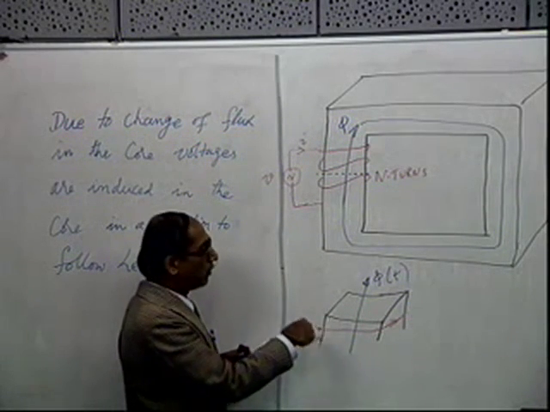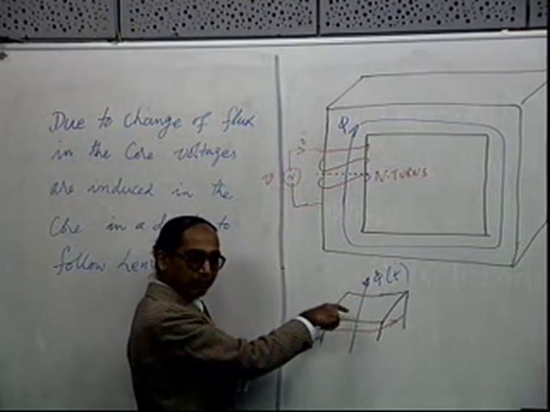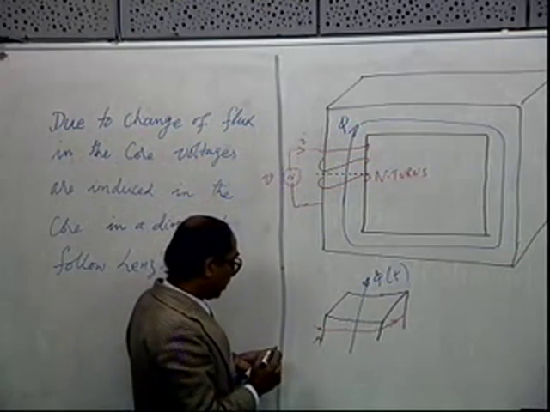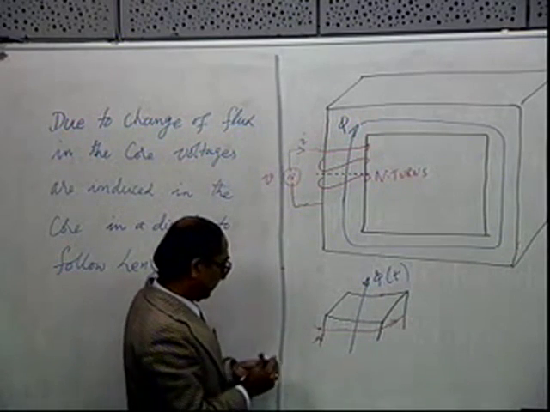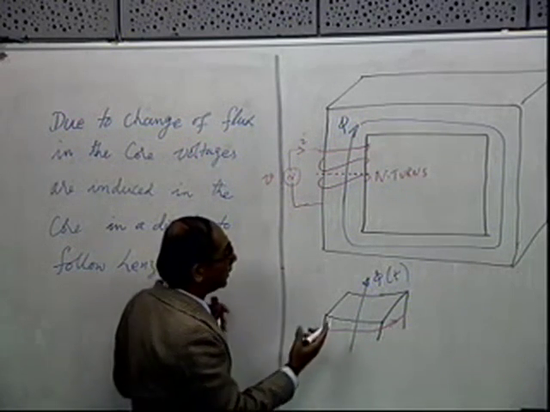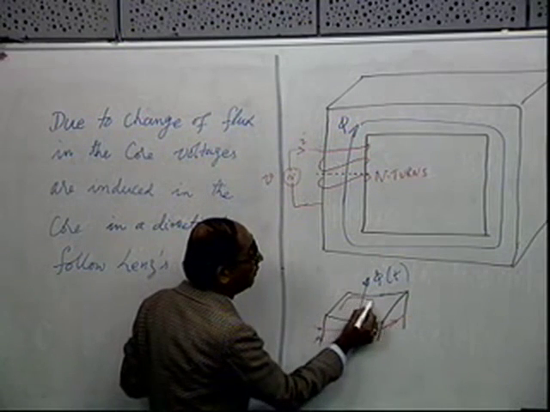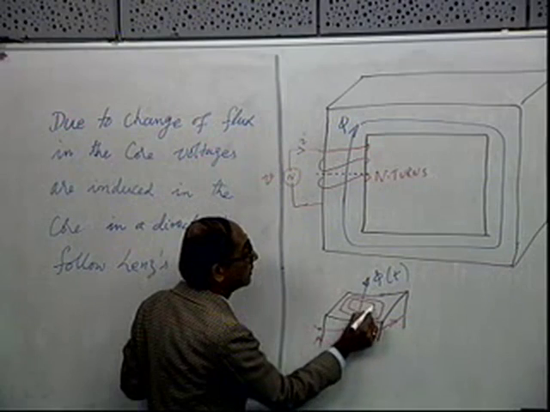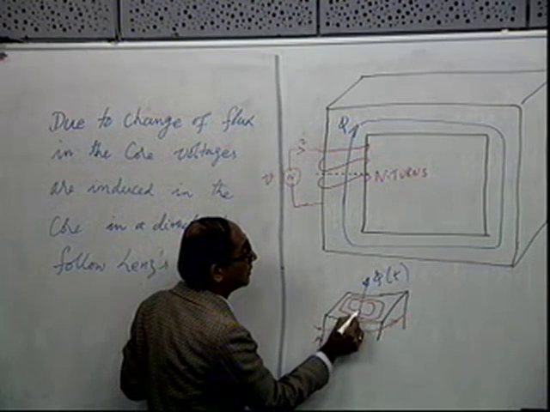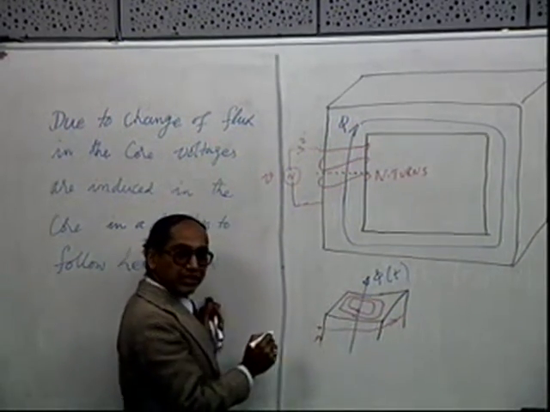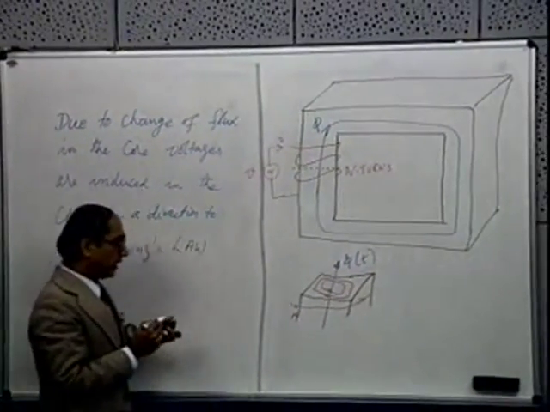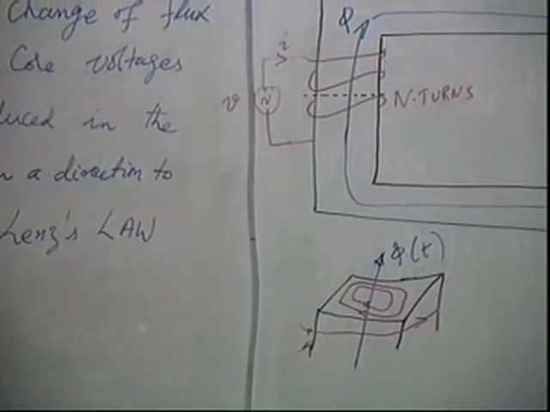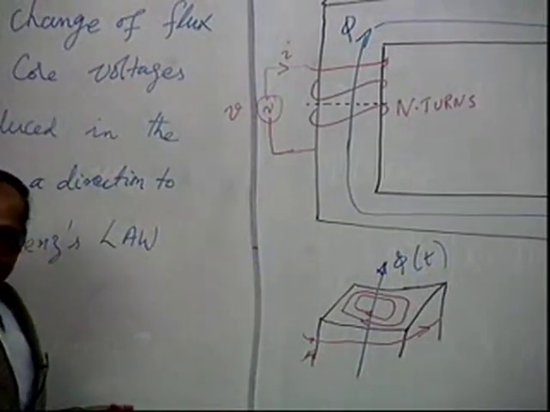So it will be in this way. Okay? So let us say you will have currents and voltages induced this way, to oppose this flux.